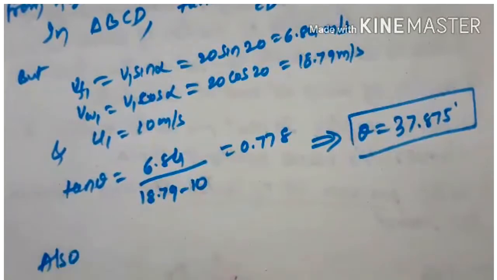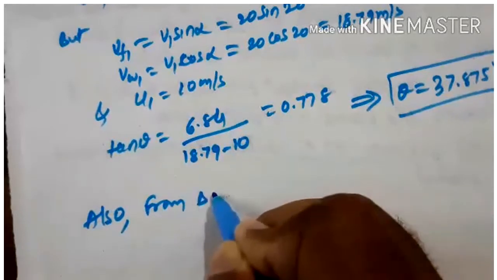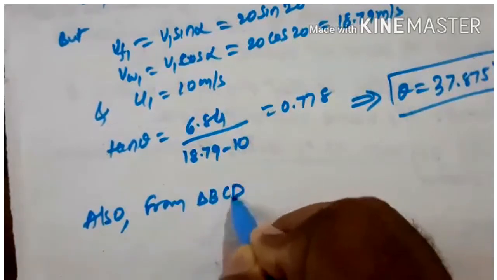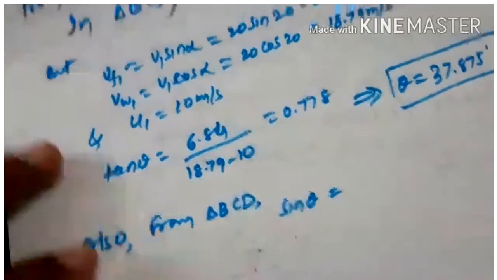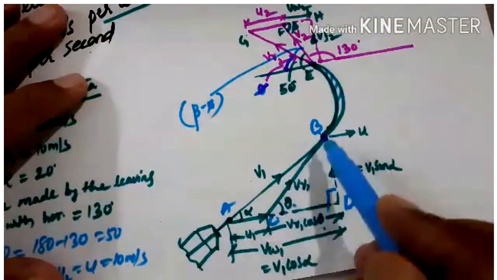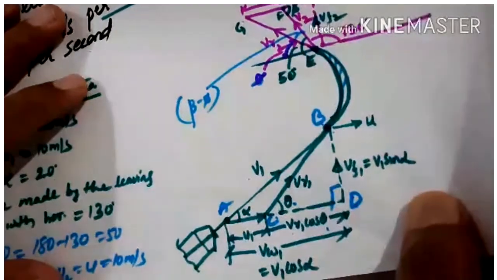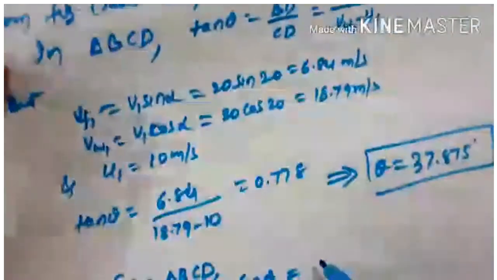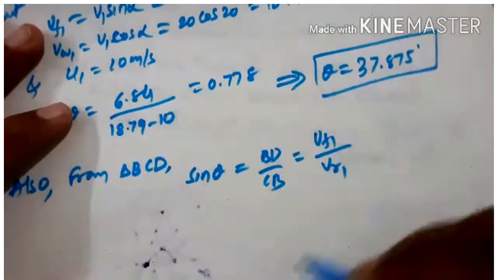Also, once again from the inlet velocity triangle, that is triangle BCD, what is sine theta? Sine theta is opposite by hypotenuse, BD by CB, that is VF1 divided by VR1.